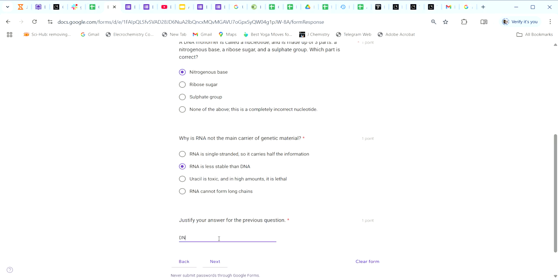DNA is more stable than RNA, but less reactive than RNA.